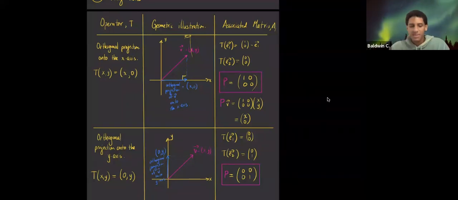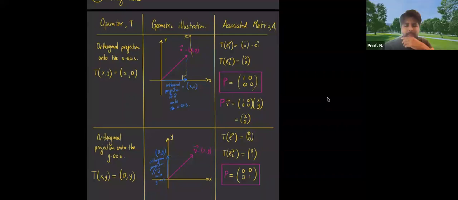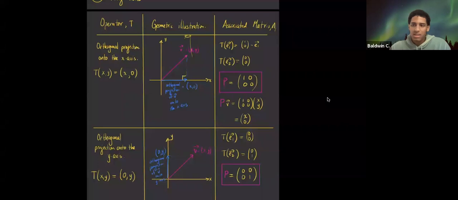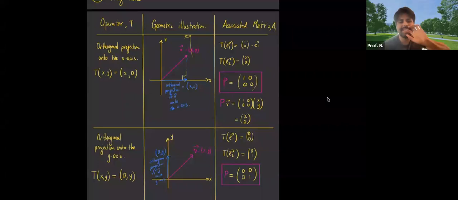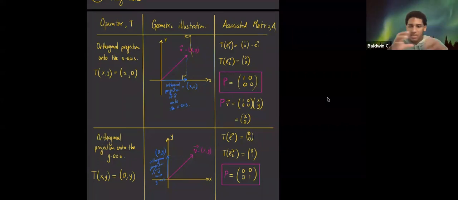Oh, yeah, like ambiguity. I don't know if there's another term for that. You guys may know. But orthogonal projection is not the same as orthogonal matrices. Okay, so they're different.